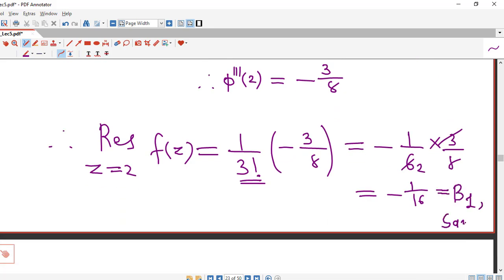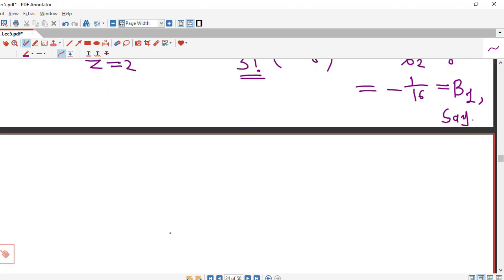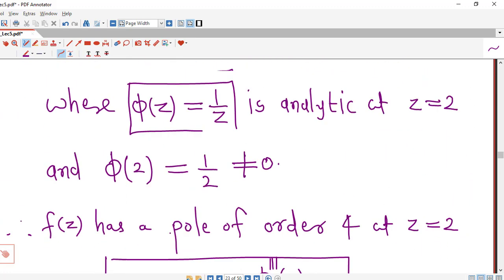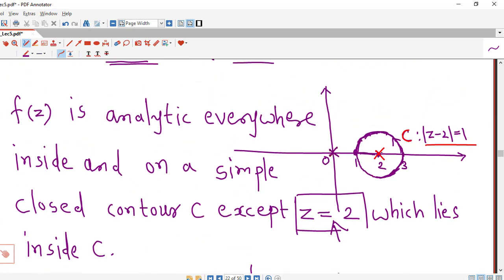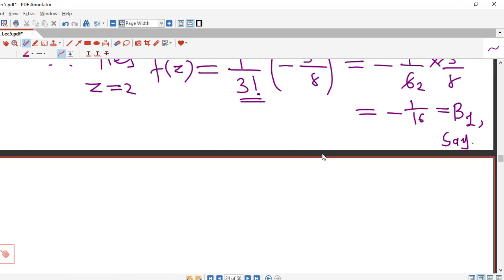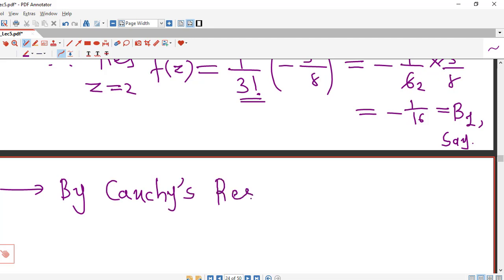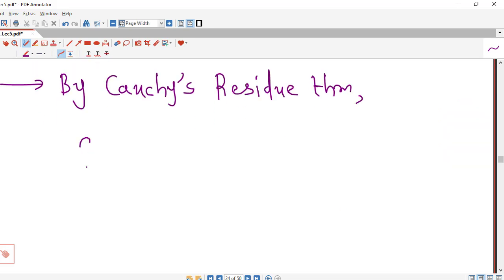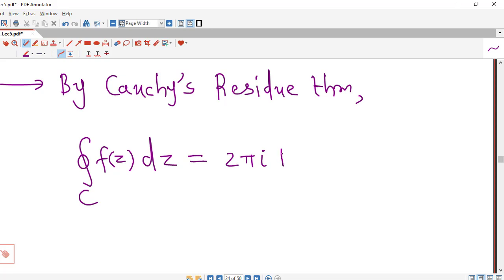So there is only one residue required for Cauchy's residue theorem here, because f of z has only one singular point, which is z equal to 2 and which is inside this circle mod z minus 2 equal to 1. So now we consider Cauchy's residue theorem. By Cauchy's residue theorem, the integral of f of z along this circle is equal to 2 pi I times the sum of residues of f of z.